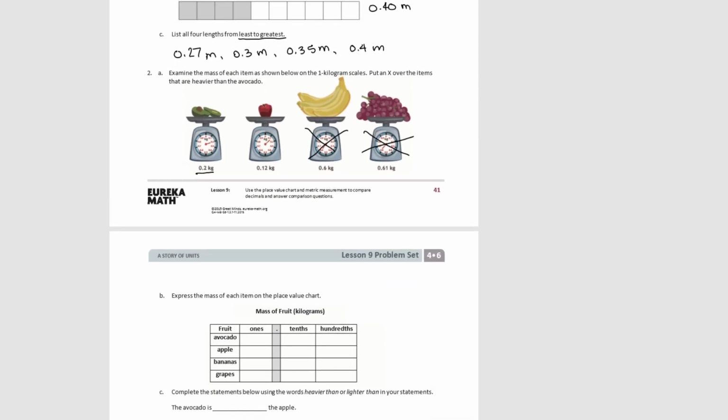Then for B, it says express the mass of each item on the place value chart. So the avocado has no 1s and 2/10. The apple is no 1s, 1/10, 2/100. The bananas are 6/10, and the grapes are 6/10 and 1/100.